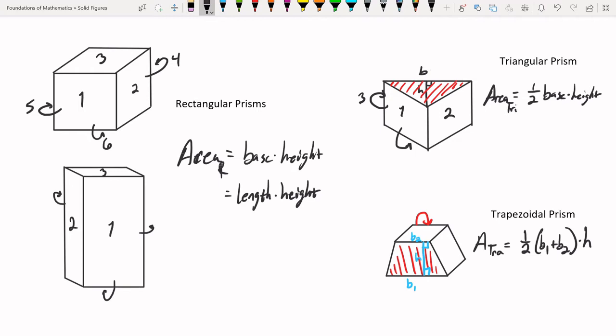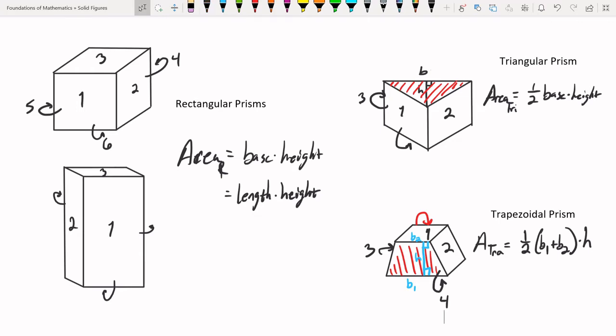And then this side right here is going to be a third rectangle, and on the underside it's going to be another rectangle. We have 4 more rectangular sides to add to the 2 trapezoidal sides, so it's a 6-sided figure. Add up all those surface areas and you have the total surface area of this prism.